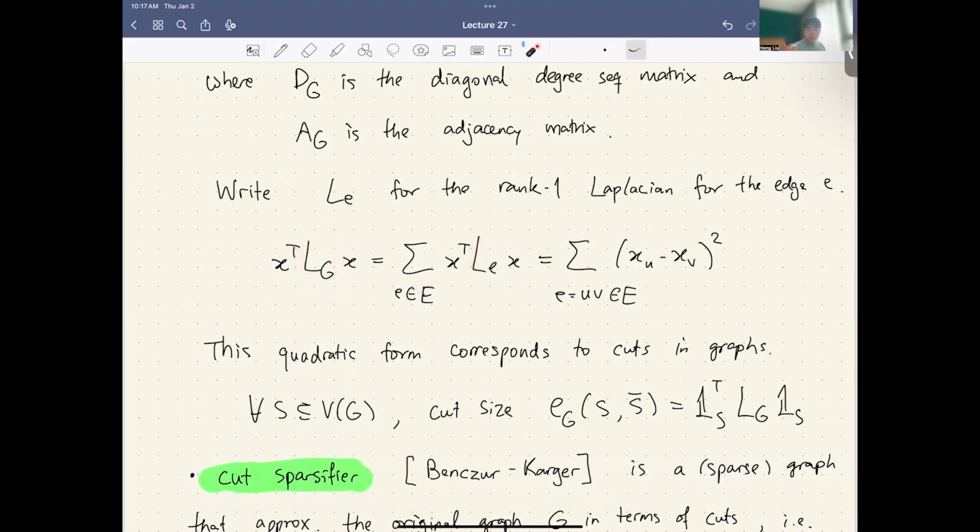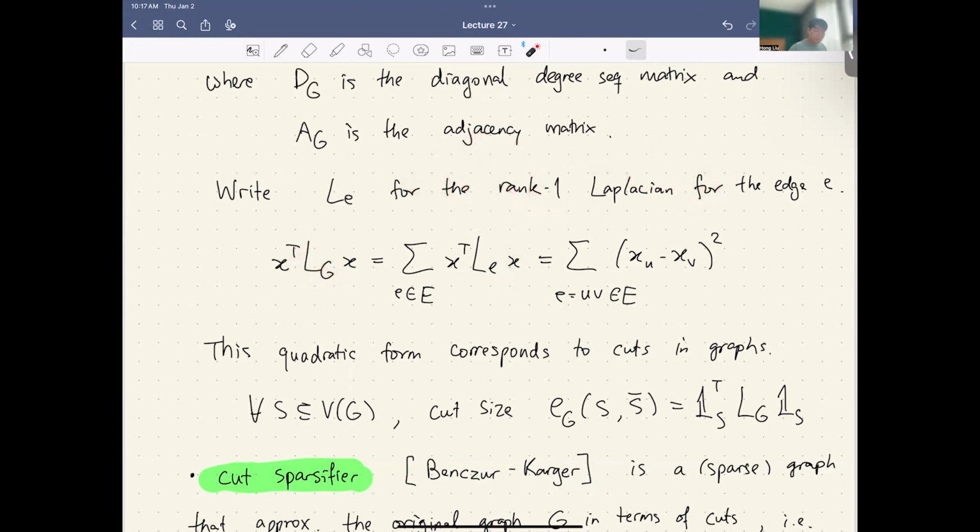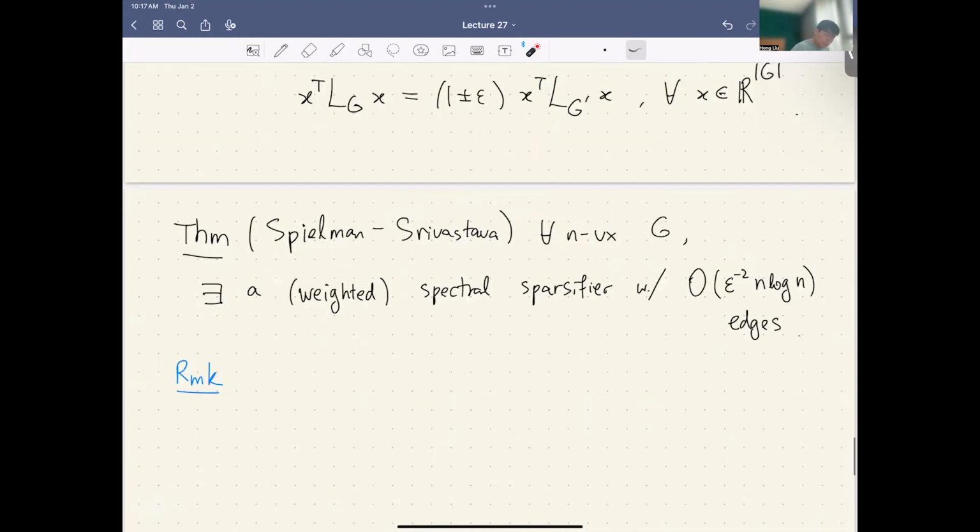So now it looks very familiar, right? We want to approximate this Laplacian L_G, and we are sampling some random Laplacian L such that in expectation it is L_G. Now you sample IID copies, L_1 to L_k, sufficiently many copies. Then you use some sort of law of large numbers. For the concentration inequality, you need to use some Chernoff-type inequality for matrices instead. And that's the whole idea for this n log n bound.